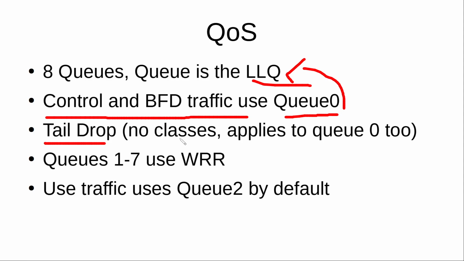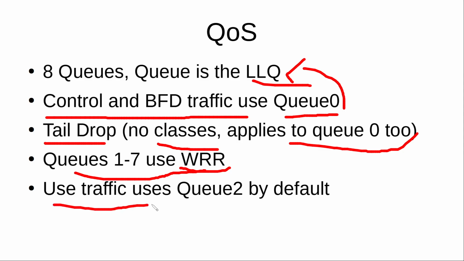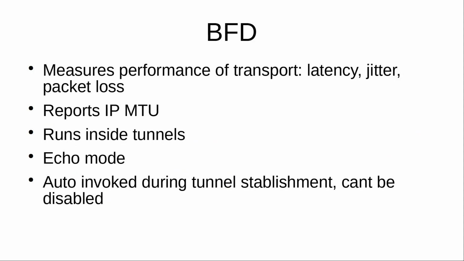You cannot use classes for tail drop. Tail drop will apply to Q0, and you have Qs 1 to 7 to play with also, besides Q0. And remember that the strategy for the queuing is weighted round robin, and your user traffic will use Q2 by default.